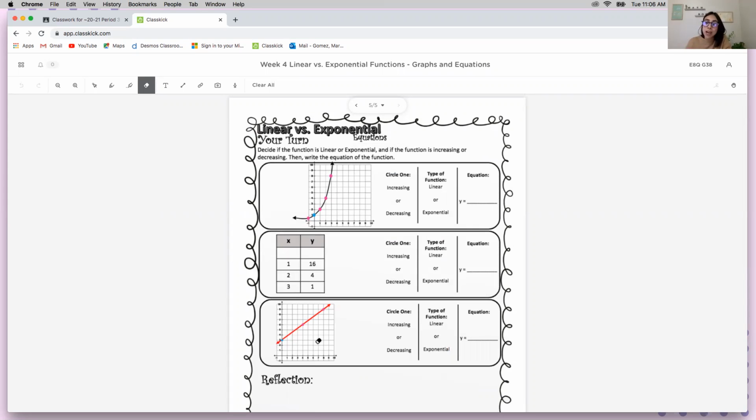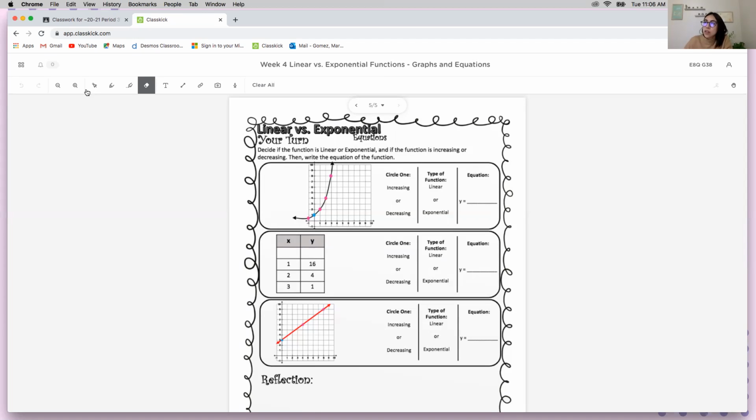We practiced those 2 steps with our tables, but this was last week. But when you work with tables, and Cassie, I remember you said you love tables and you know how to find out if it's exponential or linear. When we have our tables, we can still write equations for those tables because we can find the pattern and we can find the y-intercept.